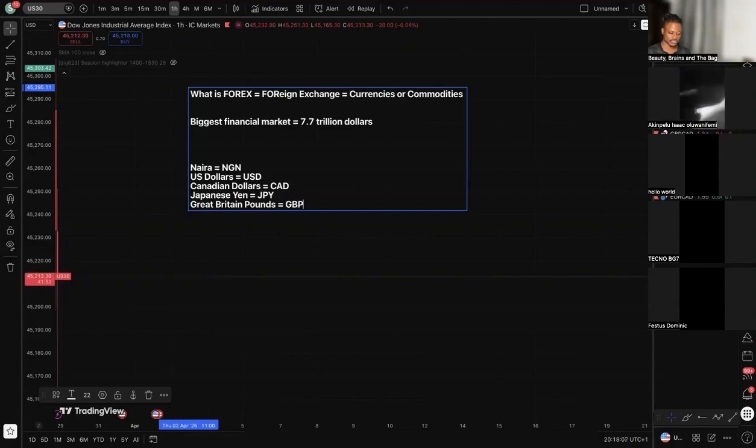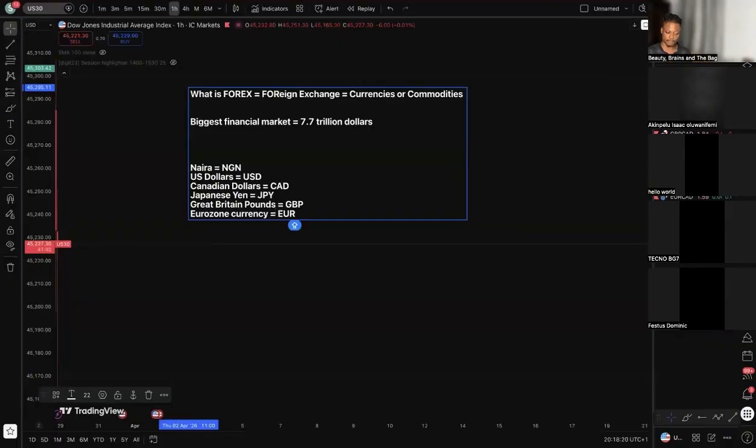And the currency we have is Eurozone currency. That's all the countries, they use that currency. That's why I just put all of them as Eurozone. And that's your Euro, EUR. Which other one again do we have there? We have AUD. But let's just stop with AUD. Australian dollar.